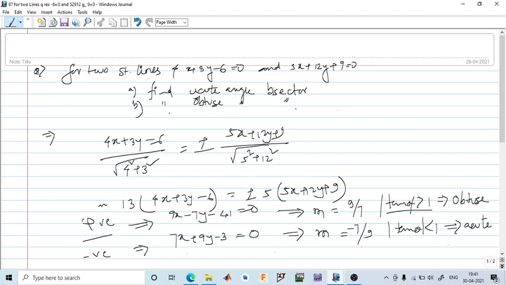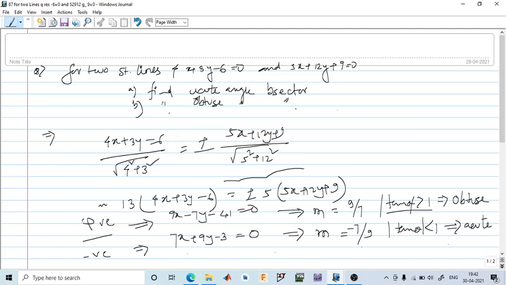We know if tan theta is greater than 1, then it must be the obtuse angle bisector, and if it is less than 1, it is the acute angle bisector, right? So nothing more to discuss here.